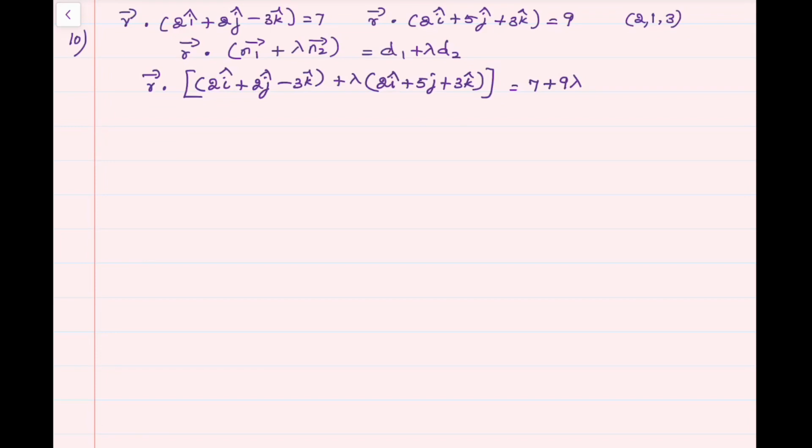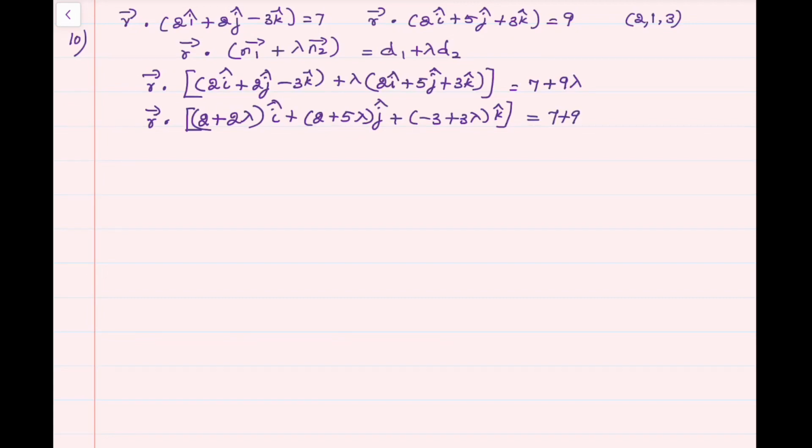Let us rearrange the terms. Vector r dot, let us write i components together, 2 plus 2 lambda times i cap. Now j components, 2 plus 5 lambda j cap and minus 3 plus 3 lambda k cap is equal to 7 plus 9 lambda.